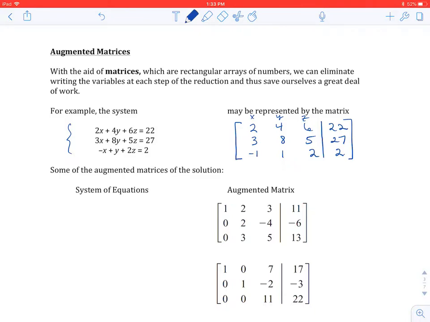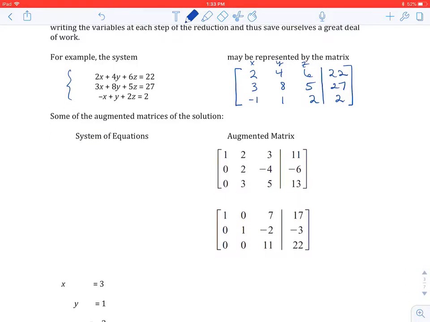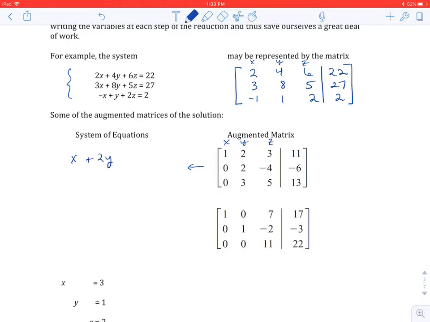Let's practice writing a matrix as a system. So we'll go backwards. Let's take a look at this one. The first row is 1, 2, 3, 11. So I'll write X, Y, Z. That becomes 1X or X plus 2Y plus 3Z equals 11.